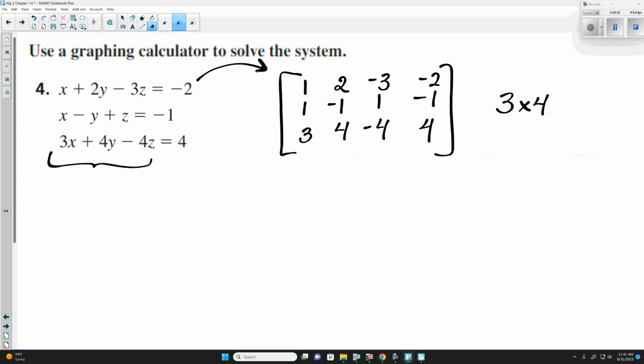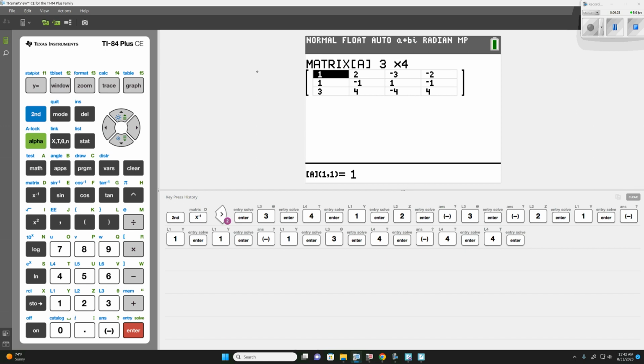Anything longer than that will not show in either direction. Any questions on getting this plugged in? The version I have up here does show the whole thing. Yours is only showing 3 rows and 3 columns at a time. Once we get this typed in, we hit second, quit.